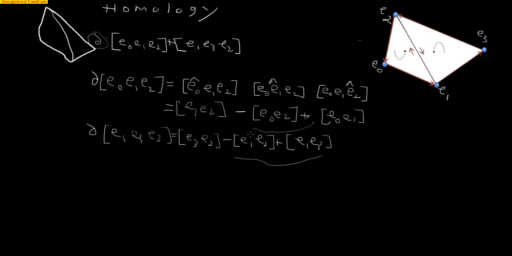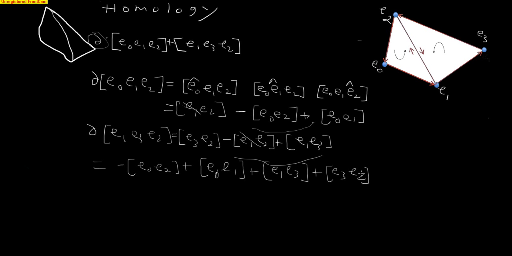And if we note that here you have minus E1 E2, and here we have plus E1 E2, so this cancels with this, and we get just the remaining four terms, which is from the top minus E0 E2 plus E0 E1, plus here we have E1 E3, and here we have E3 E2.